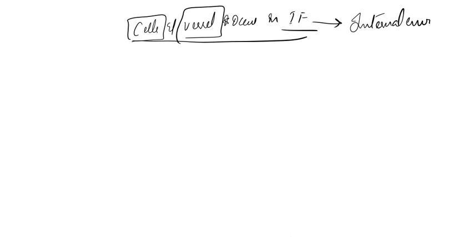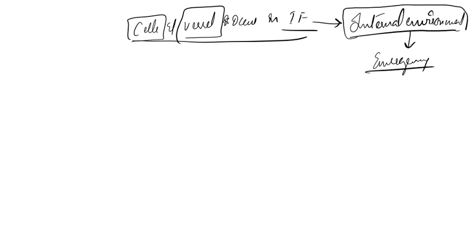What is this environment? This environment is very much essential during emergency conditions, something like hypovolemic shock, hypervolemic shock, edema, anasarca. All these conditions are exclusively linked with this internal environment, which is maintained by the interstitial fluid, right? Why?